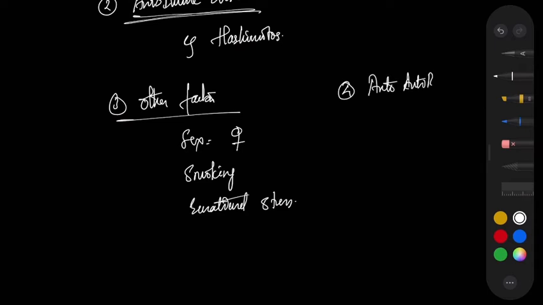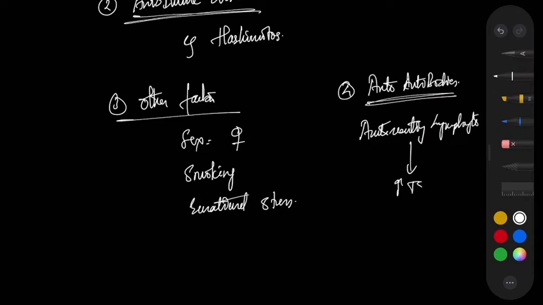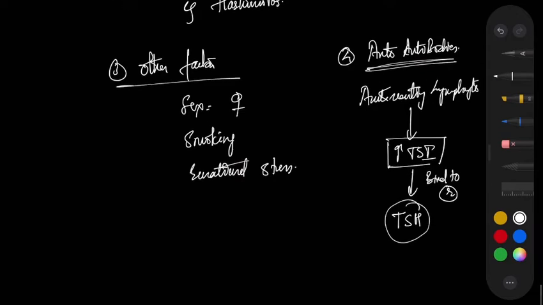The fourth one, autoantibodies. Now, this is an interesting topic. Autoreacting lymphocytes increase TSI. These TSI go and bind to the receptors of your TSH, and they cause an increase in your T3 and T4.